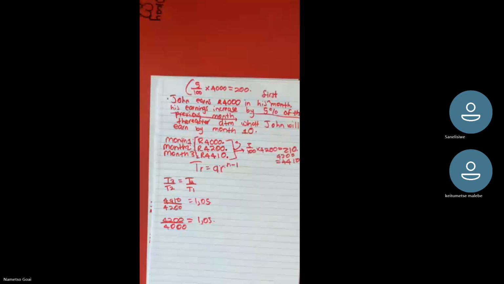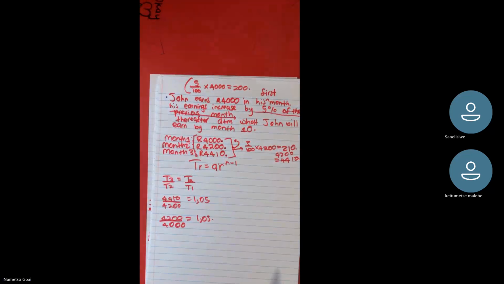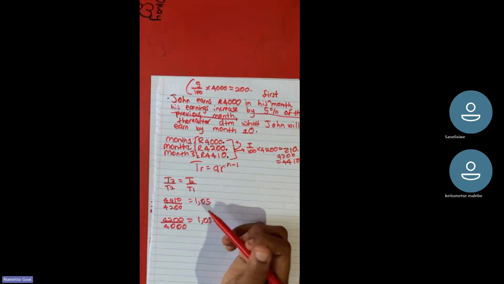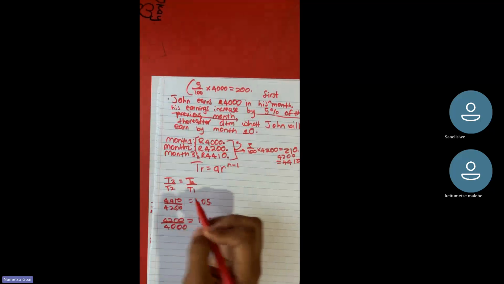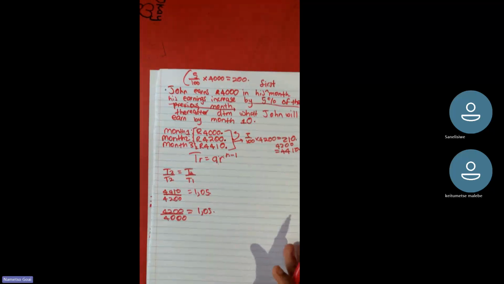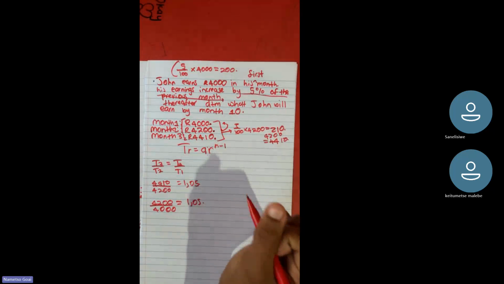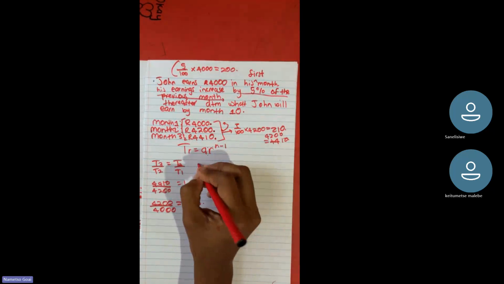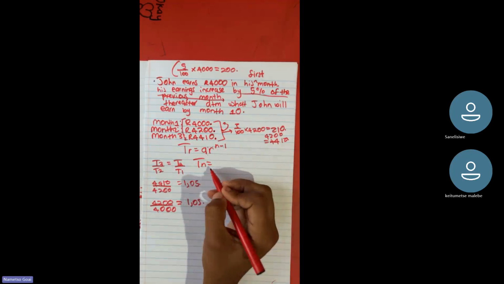So can you now see that the ratios in between are now equal. They're both equal to 1,05. So which means indeed this is a geometric sequence, right? So we're going to have our R. Okay, so we have now Tn equals, what is our A?